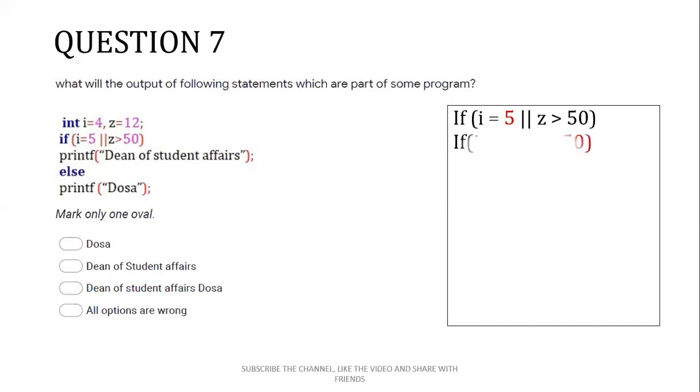Then we will come to the logical or. So it is the next operator. The logical operator has a left operand of 5, and the right operand of logical or will be either Z or Z greater than 50. So how will you decide? It will be Z greater than 50 because the greater operator has a higher precedence.